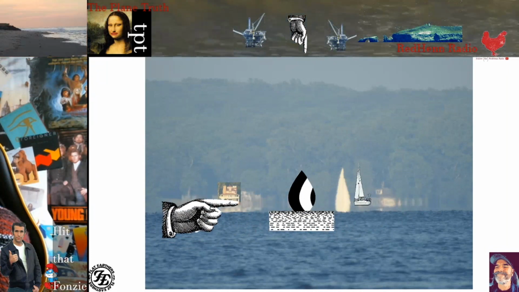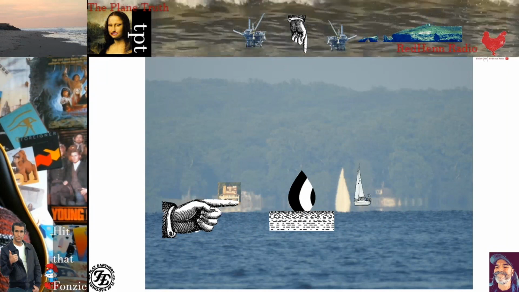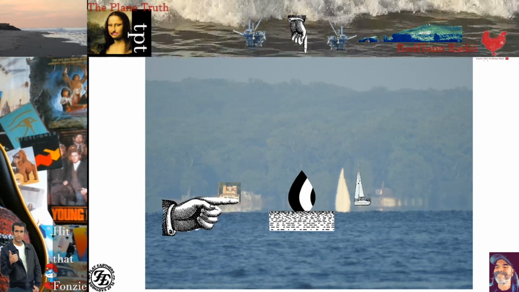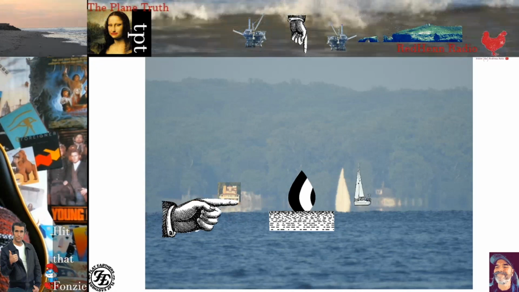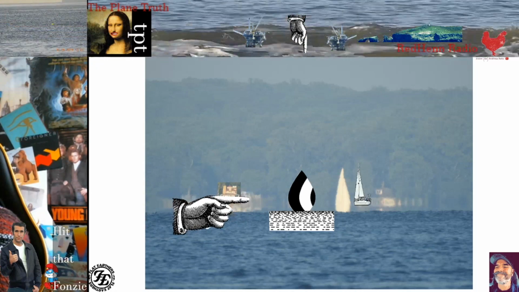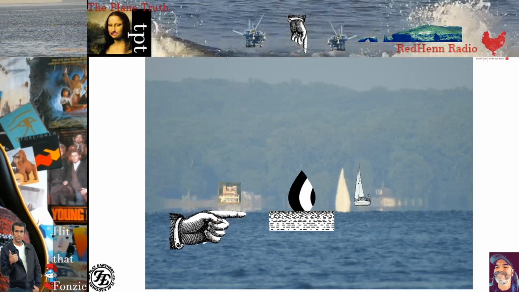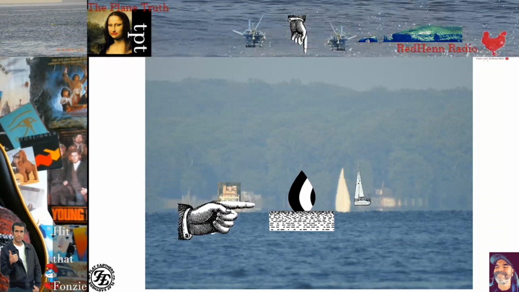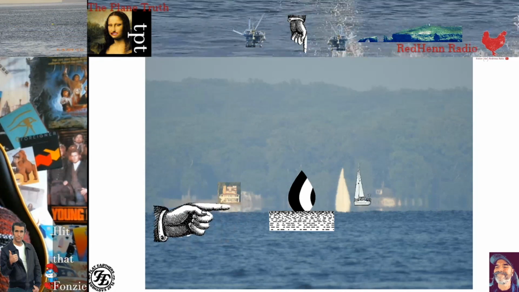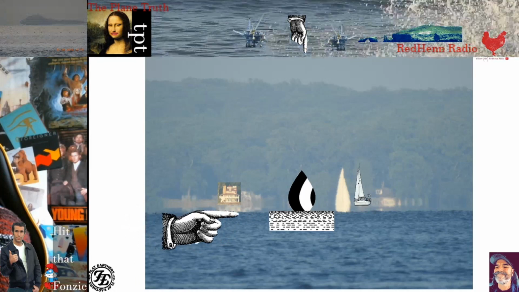The shoreline hides things that are behind it. I'm sorry, the mirage hides things that are behind it. The mirage also creates the apparent horizon.